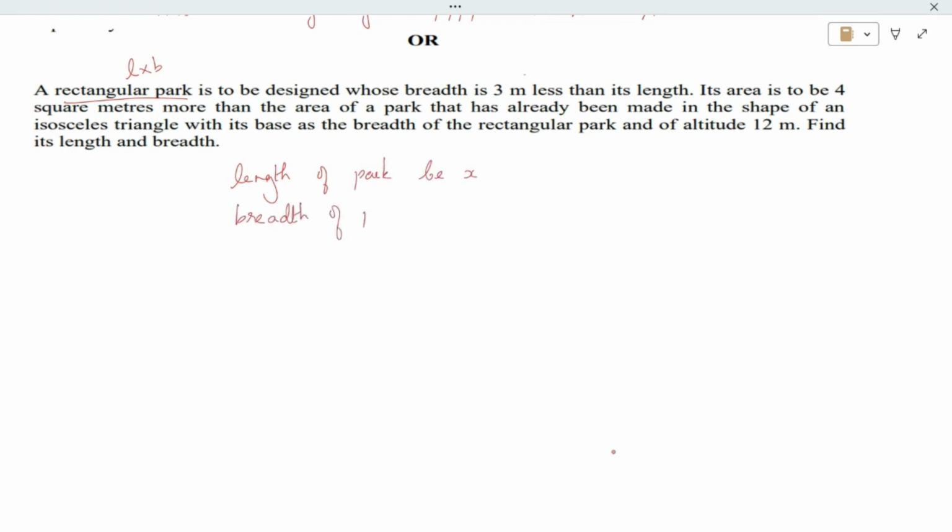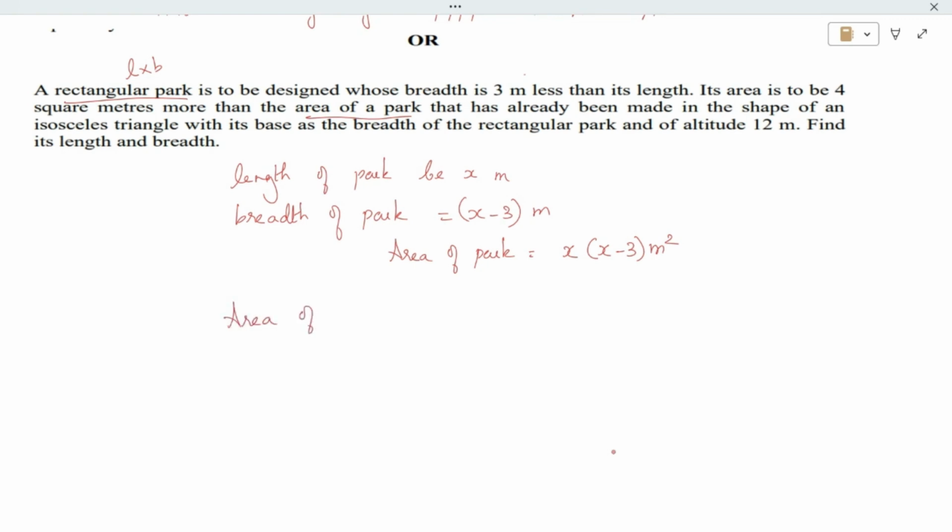Breadth of the park is going to be 3 less, so that is equal to x minus 3 meter, isn't it? So what would be the area of the park then? As I said, it is a rectangular park, so I have to multiply length with the breadth, so it is x into (x minus 3) meter square. So its area is to be 4 square meter more than the area of the park that has already been made in the shape of an isosceles triangle.